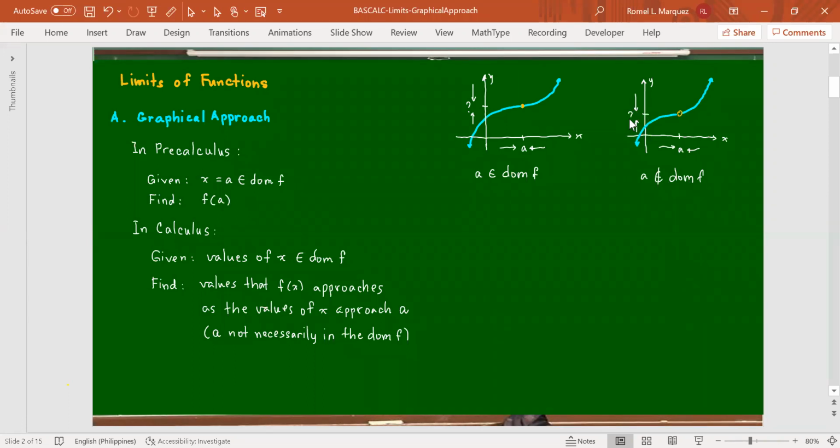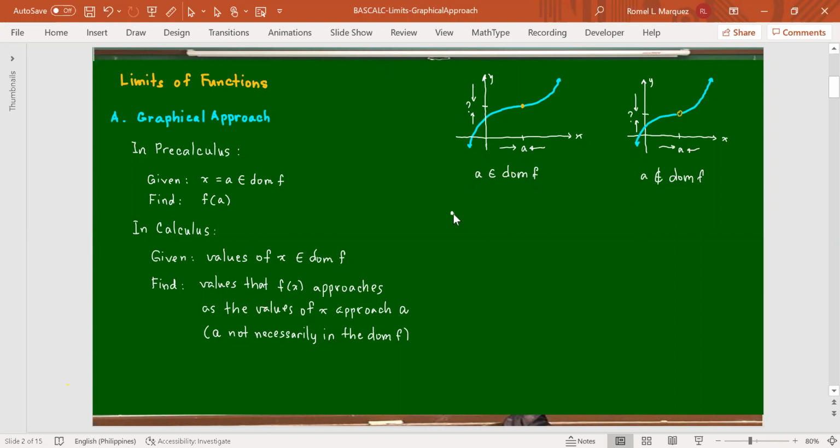And actually, if we can attain a value here, we call that the limit of a function at a, or limit of f of x as x approaches a. Okay? So, in other words, we want to know how f behaves near or close to x equals a.